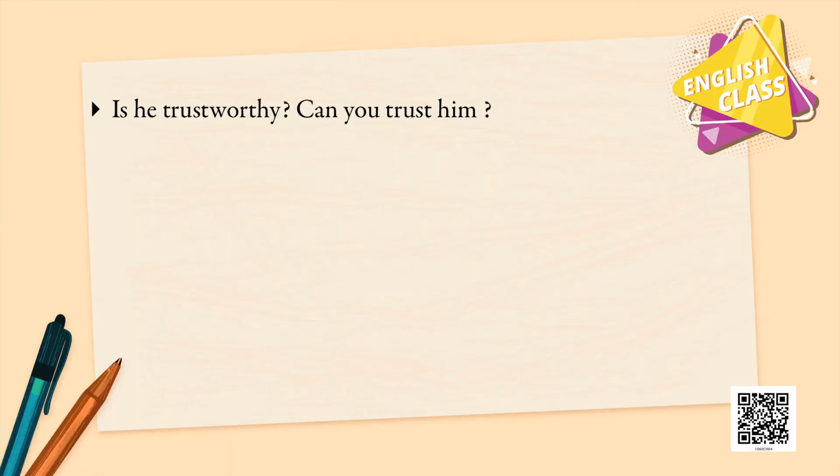Let's continue. Now that we have filled this organizer, can you think, is he trustworthy? Can you trust him? I won't. Why? Because he steals. What? He robs one safe a year. Why? To buy books.